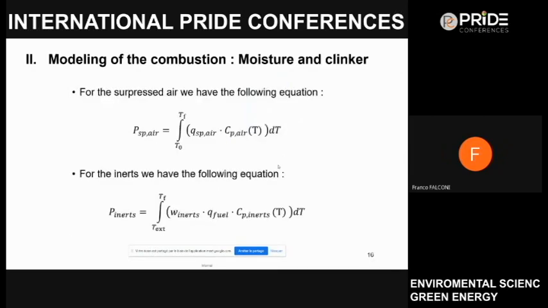Then we have the air that wasn't used for the combustion, but is used to cool the combustion chamber, which is the suppressed air. And we also have the energy that has been received by the inerts, because the inerts at the end of the combustion have a certain temperature, so they have received a certain energy.